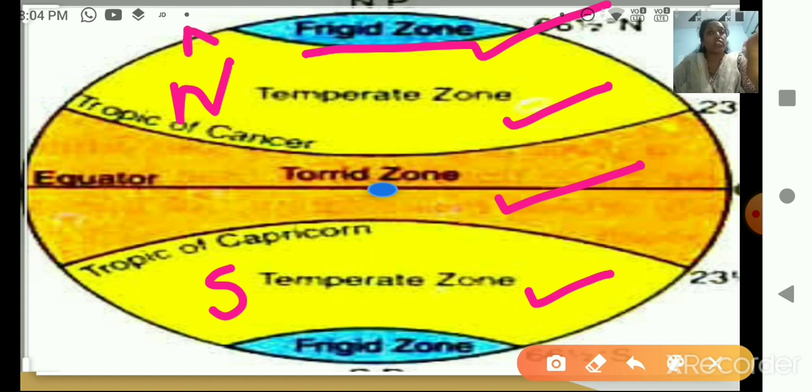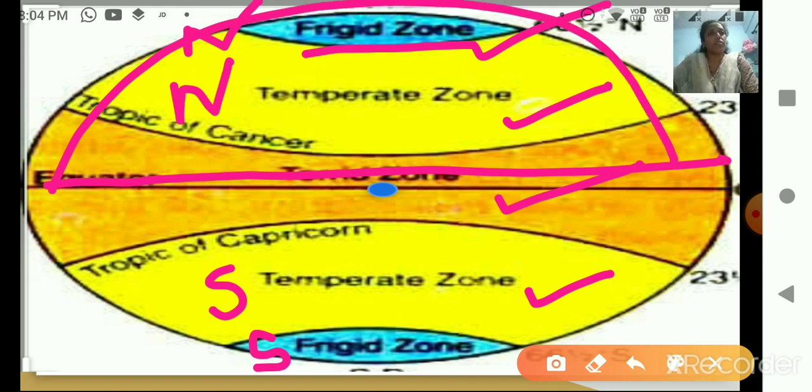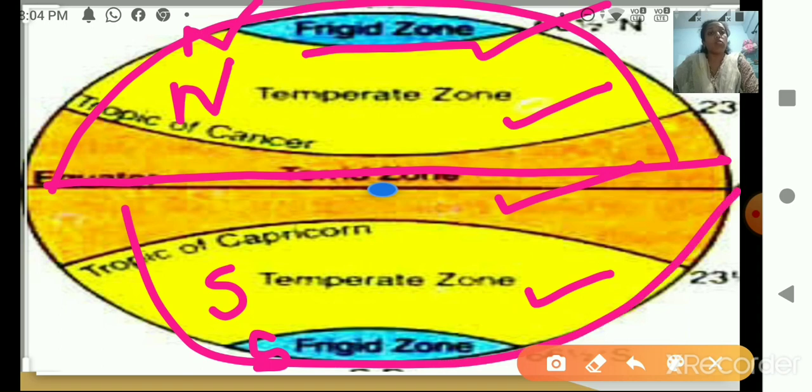This is called north frigid zone, and this is called south frigid zone. So the zones which are in the north are called north zones, that is north temperate zone or north frigid zone, whereas the zones which are in the south are called south temperate zone or south frigid zone.